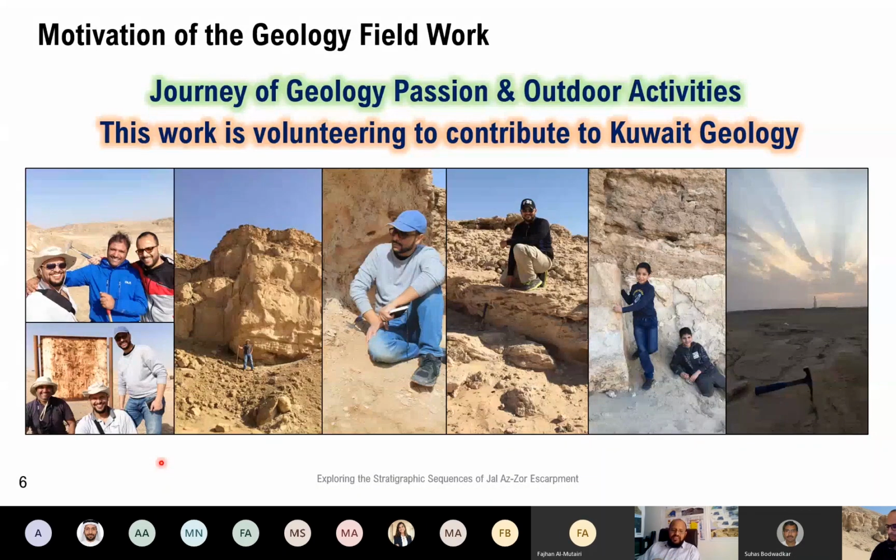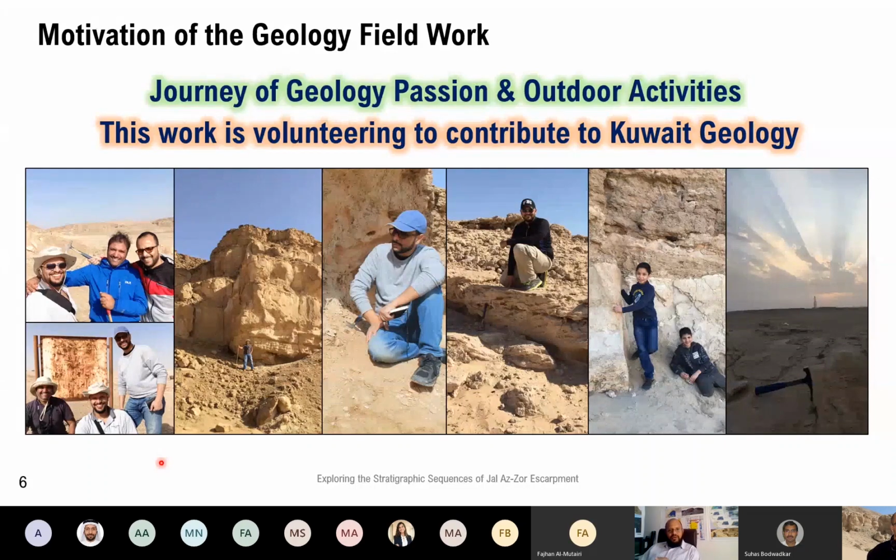We have highlighted significantly the importance of the facies variations, and let me thank here all our group: Ali, Dr. Mubarak Al-Hajri, Faisal Qattan, Dr. Muhammad, and also Dr. Yaqub.